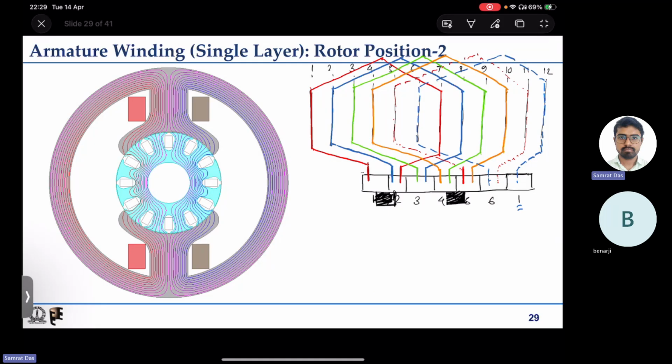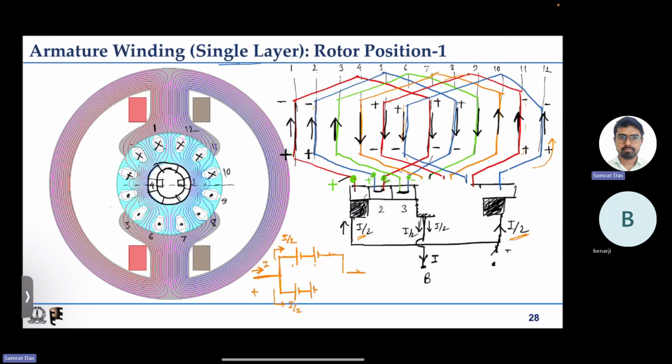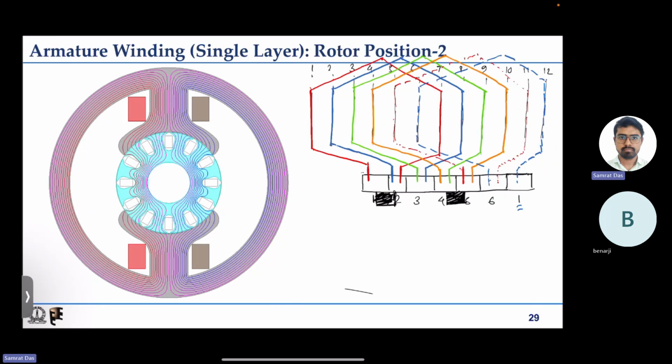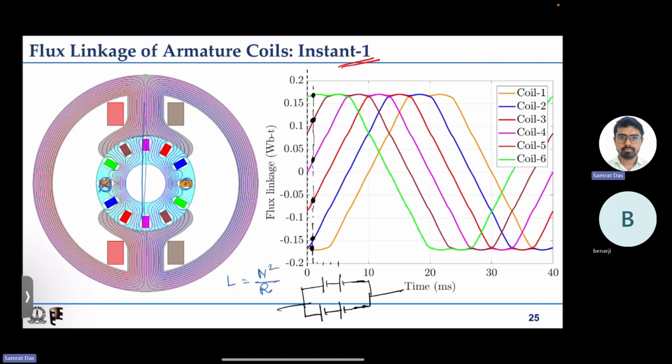You can see that the coil 1, let us name the coils. What are the names that we used? We used coil 1 to be here. So earlier coil 1 was here.